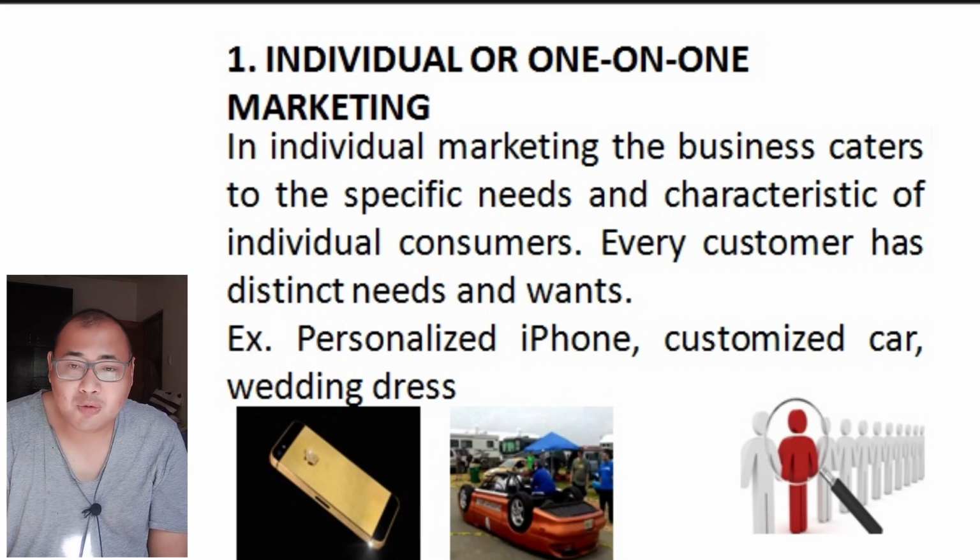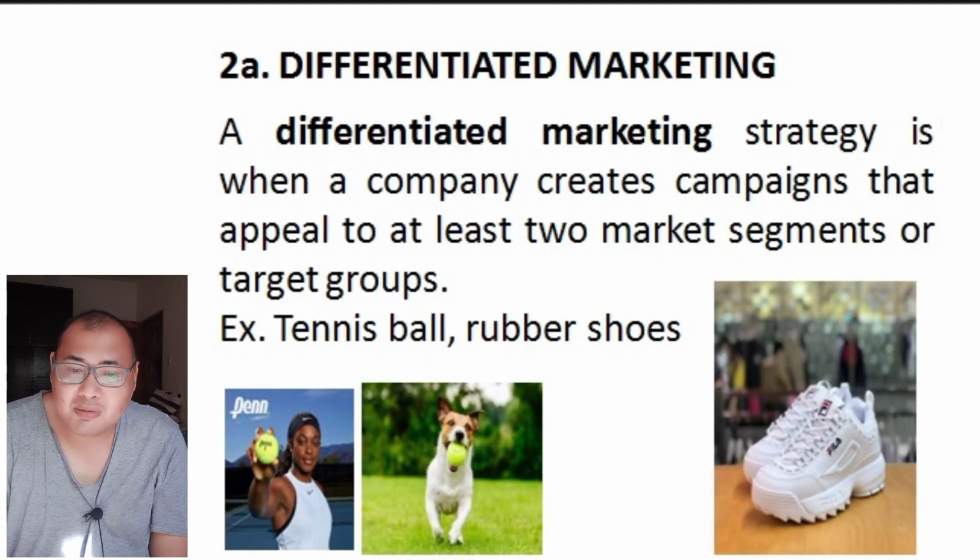Okay, now let's go with the first one. So, differentiated marketing. A differentiated marketing strategy is when a company creates campaigns that appeal to at least, ibig sabihin pwedeng dalawa or pwedeng mas marami, market segments or target groups. For example na lang itong rubber shoes. Siguro this happened or sumikat yan mga 2 years ago.